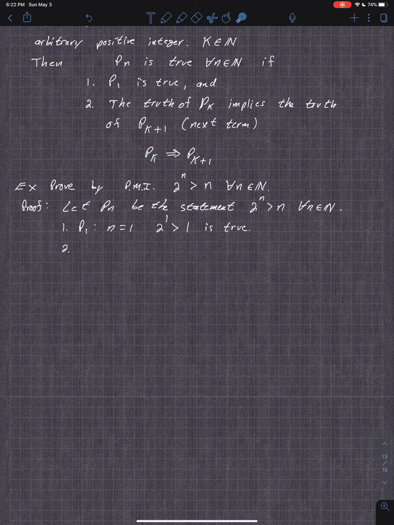So you have to say, well, let's suppose it's true. That's called the induction hypothesis. You have to say it like that. Make a statement: assume P sub k is true for some arbitrary one, not all, but for some k in the naturals. And that's called the induction hypothesis.